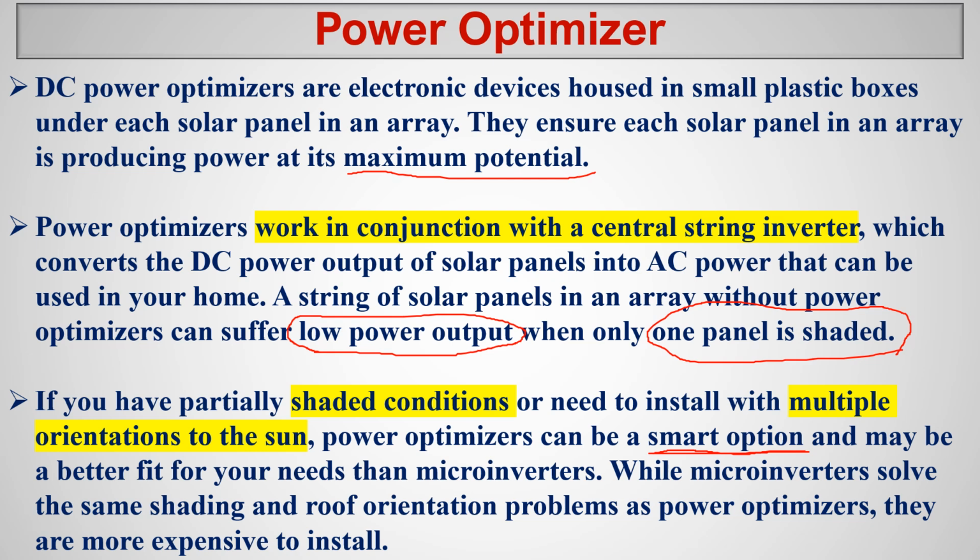While microinverters solve the same shading and roof orientation problem as power optimizers, they are more expensive. The problem is, a microinverter solves the shading and orientation problem, but microinverters are expensive.